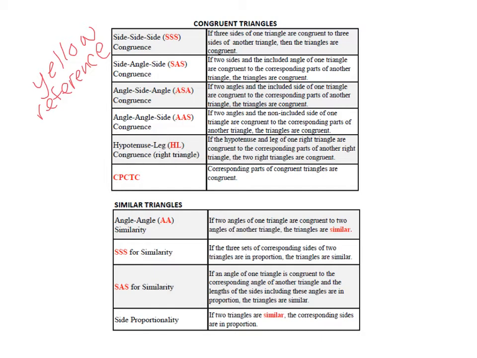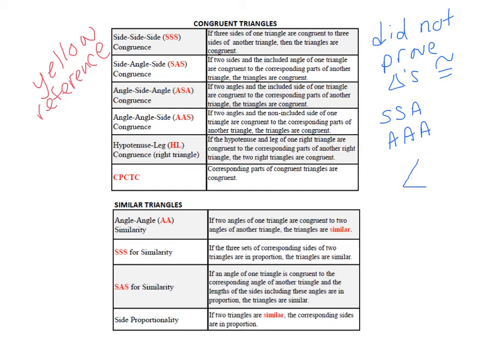If you remember, what did not prove triangles congruent were two things. The first one was donkey, and I'm going to write that in a nice way, side, side, angle. That does not prove. And the second one was angle, angle, angle. The easiest way to think about angle, angle, angle and why it doesn't work is looking at an equilateral triangle.